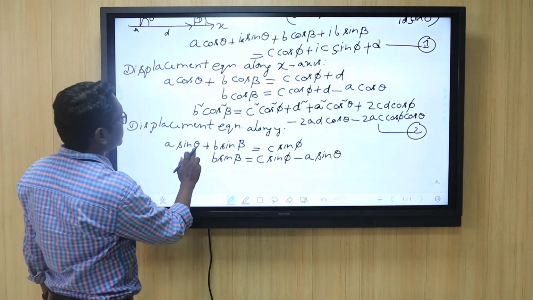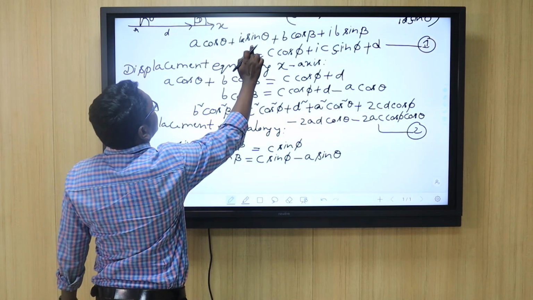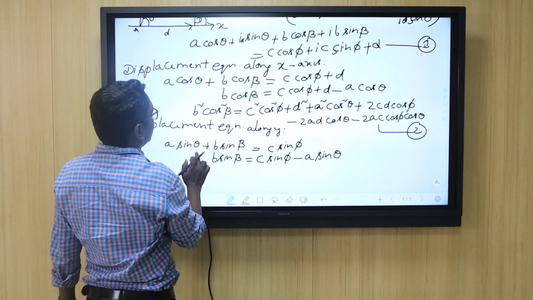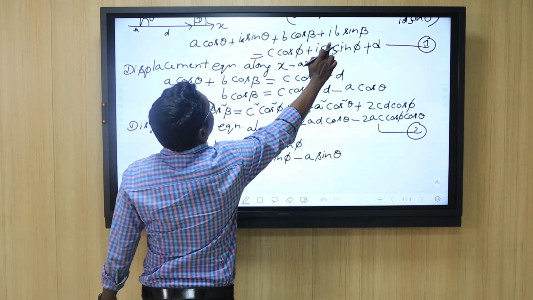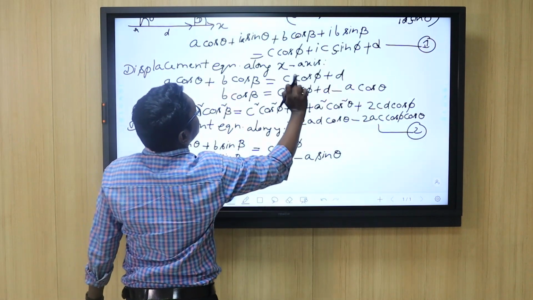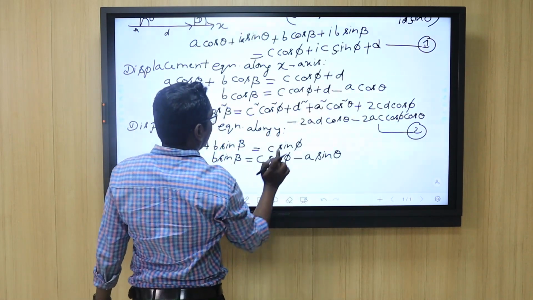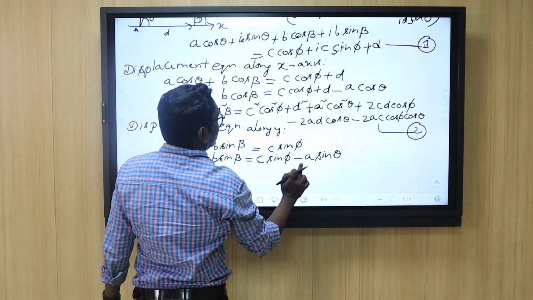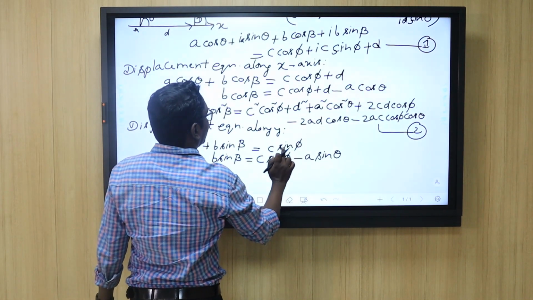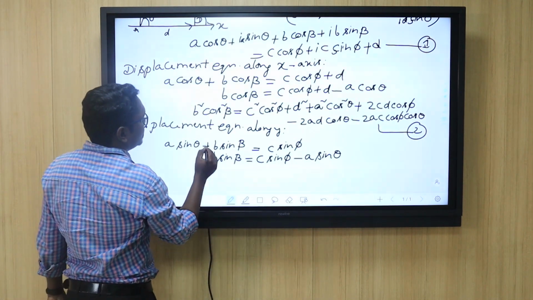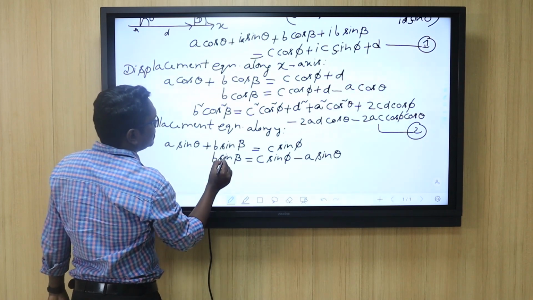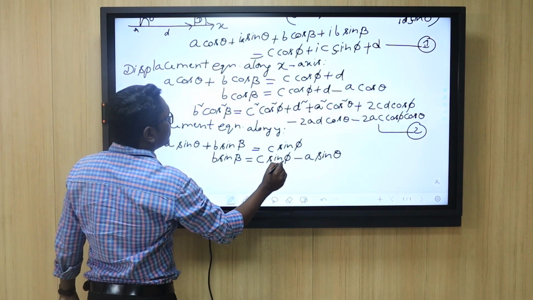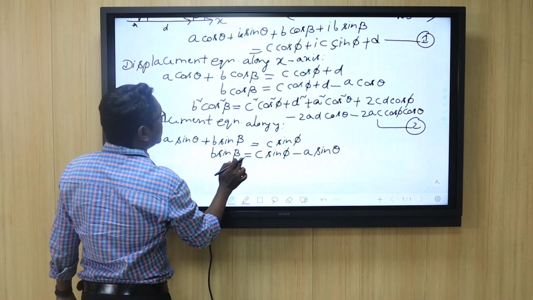So we have obtained this equation, a sin theta plus b sin beta is equal to c sin phi. From that we have to obtain b sin beta equal to c sin phi minus a sin theta.